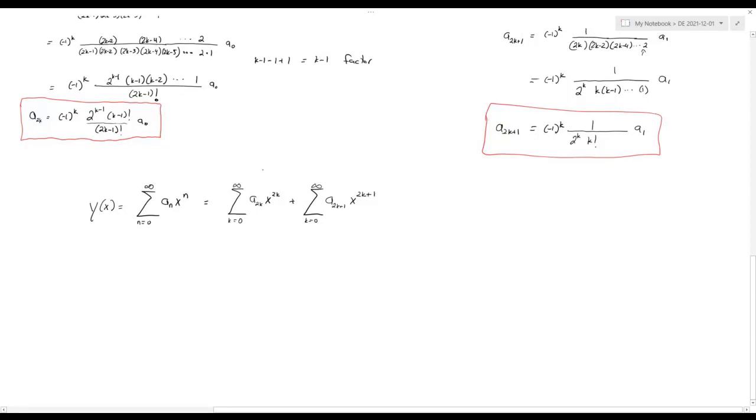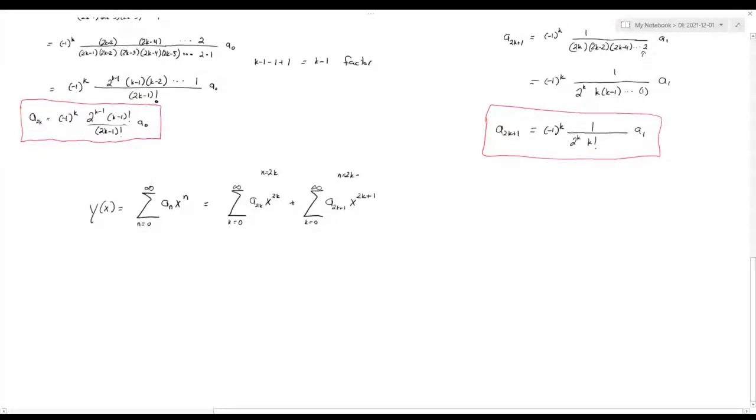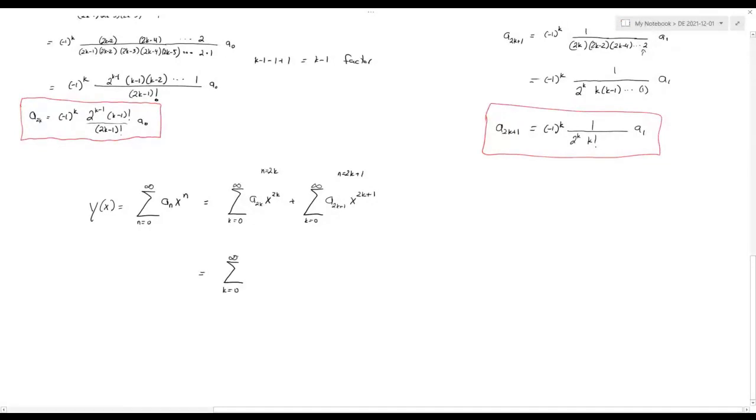So here we replaced n with 2k, here we replaced n with 2k plus 1. So now we use our formula, and we have a naught as a common factor.